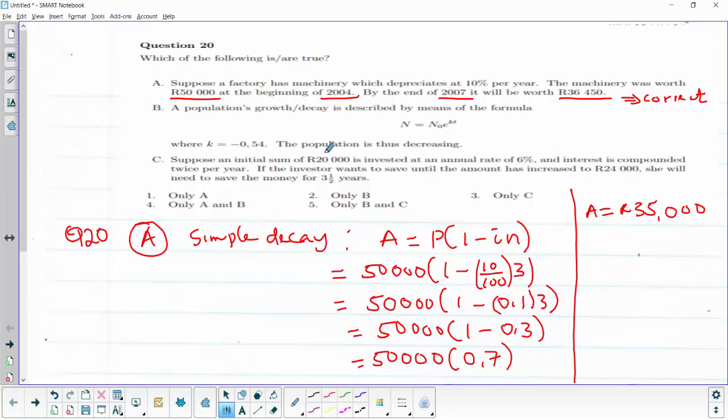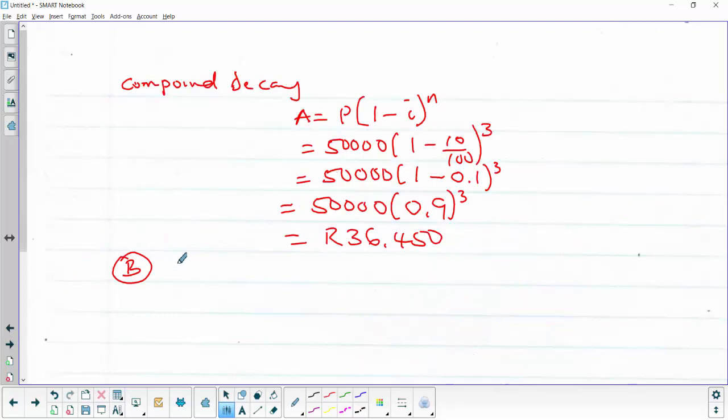This is a true statement, but let us just prove it. So we have N equal to N naught e raised to power kt.